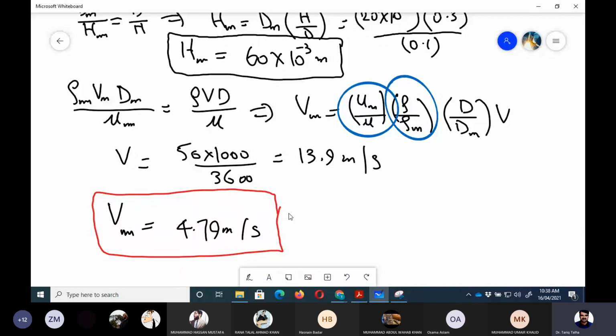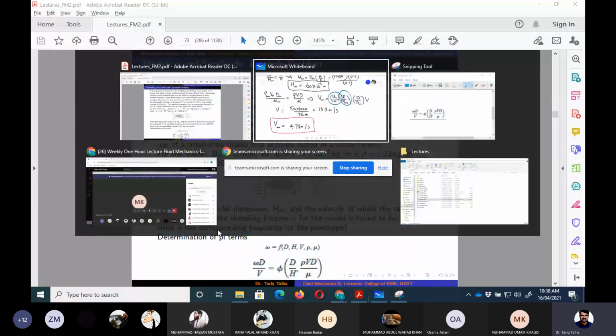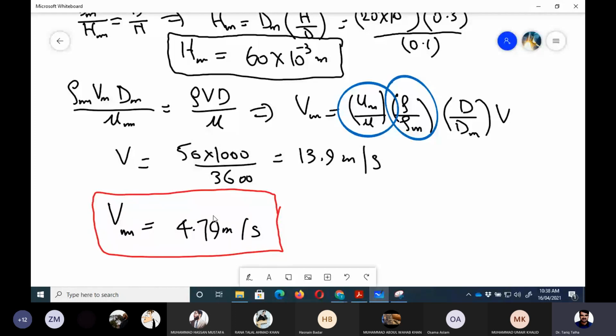So that was the Vm calculation. Now the last part is: if the shedding frequency for the model is found to be 49.9, what is the corresponding frequency of the prototype? In this case, we need to equate the pi terms on the left hand side. Let me show you that.